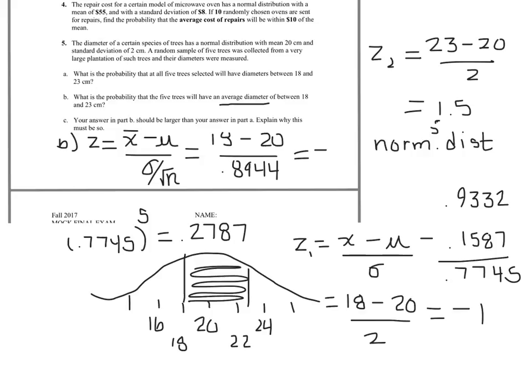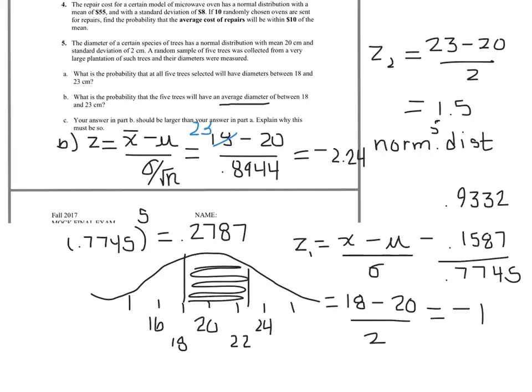When we calculate that z-score by dividing the -2 on top by the 0.8944, we see that it has a z-score of about -2.24. If we do the same thing with the upper end of that interval for our average, 23 instead of 18, our second z-score is going to be what we get when we divide 23 minus 20, or 3, by our standard deviation of 2 over root n, or 0.8944, which is again our 2 over square root 5.